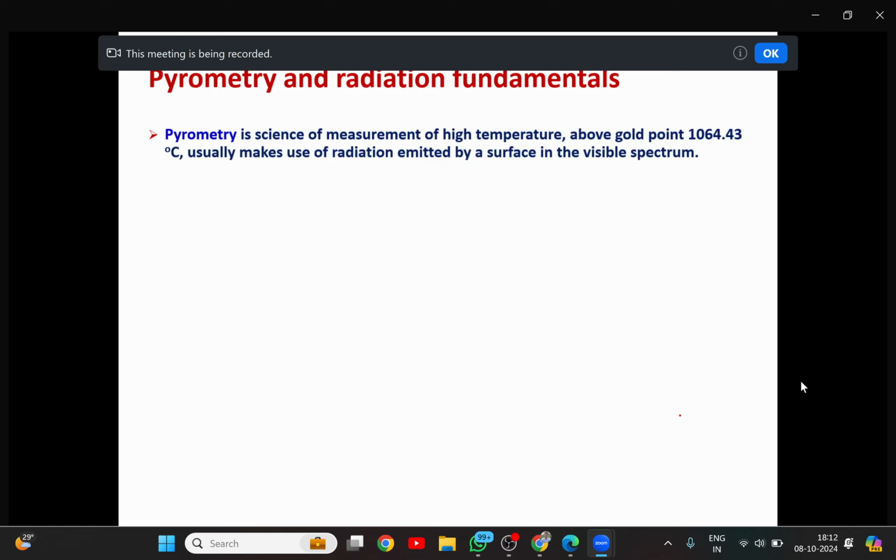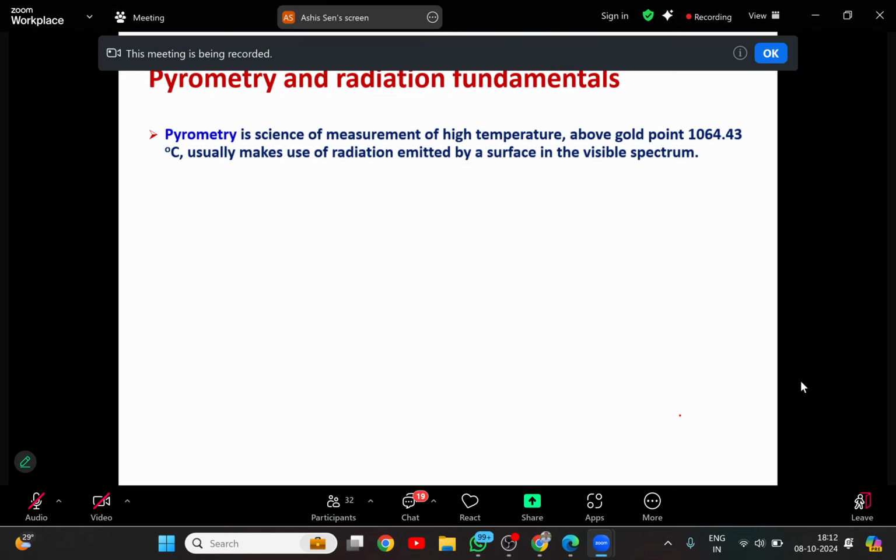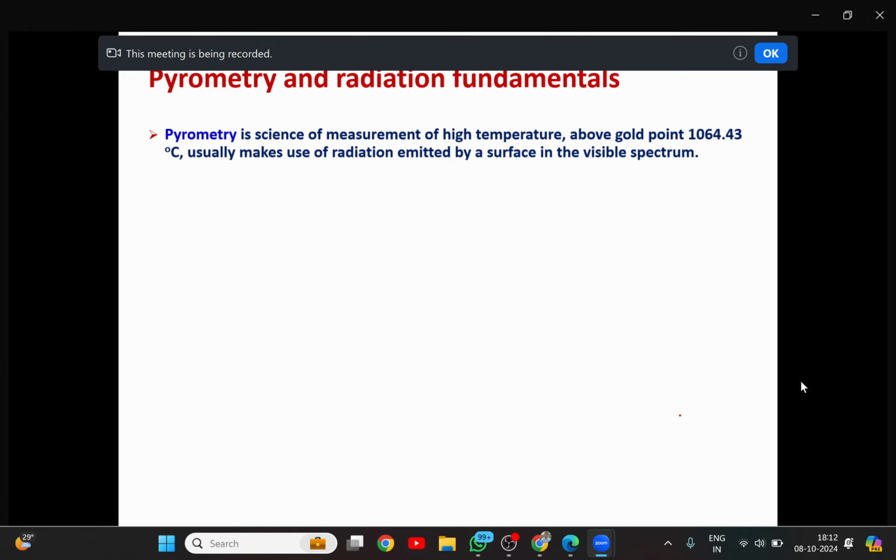Typically, temperatures above the gold point temperature. The temperature at which gold melts is called the gold point temperature. Gold melts at about 1064.43 degrees centigrade, so that is the melting point of gold, and any temperature above that comes under pyrometry.